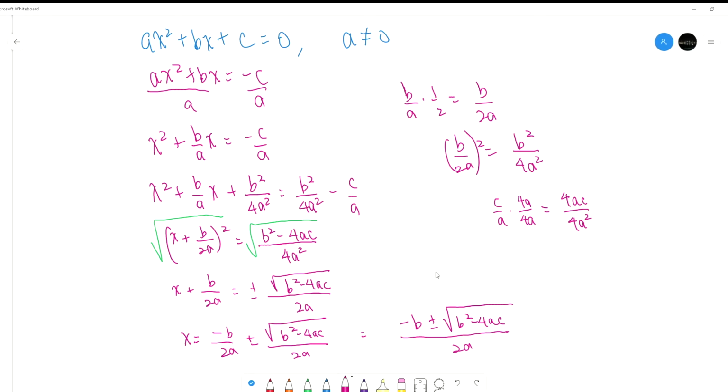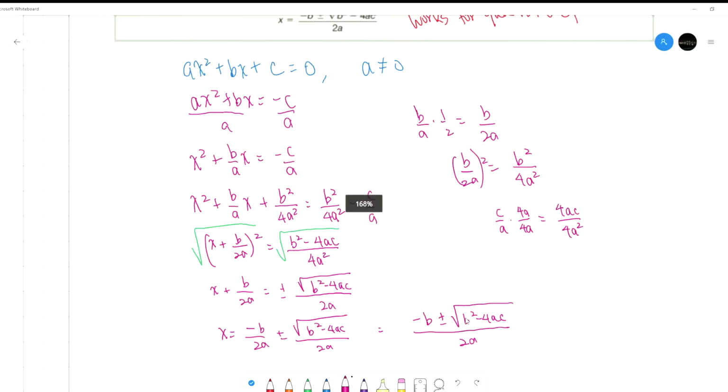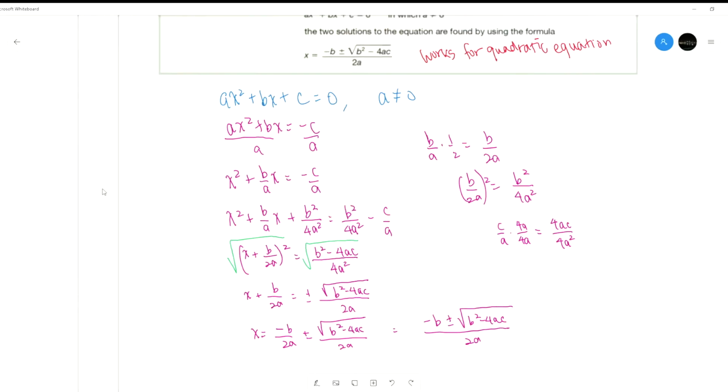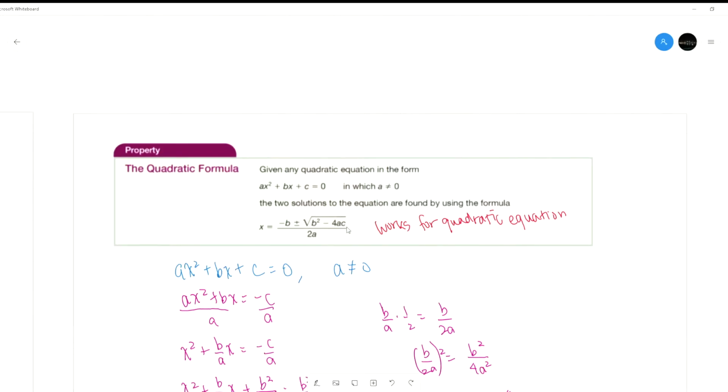None of this derivation is going to be tested, right? Because you've been doing all of this by completing the square. This is completing the square without any of the numbers. As long as you memorize the formula, you'll be good, right? So this is our quadratic formula. Please try your best to memorize it.